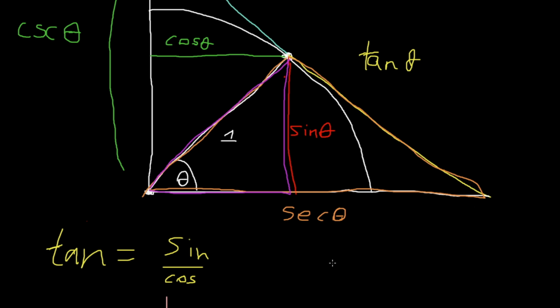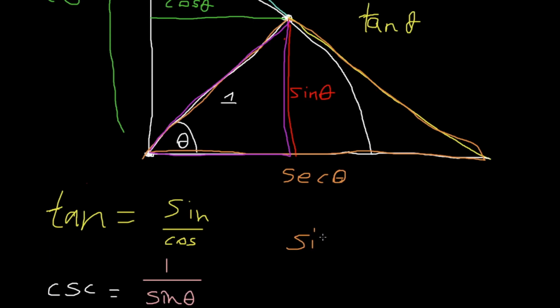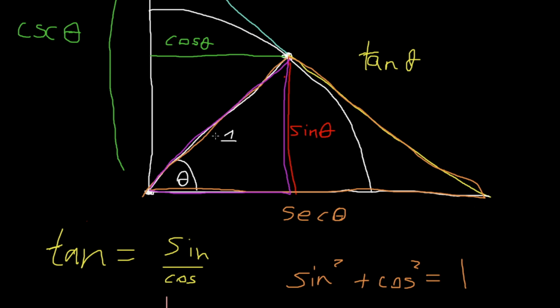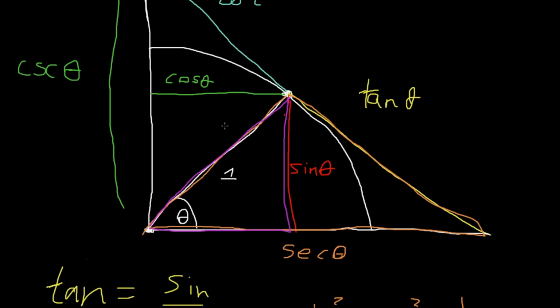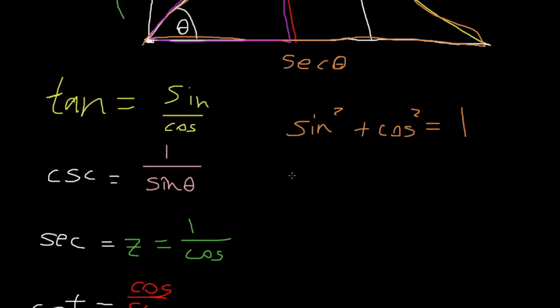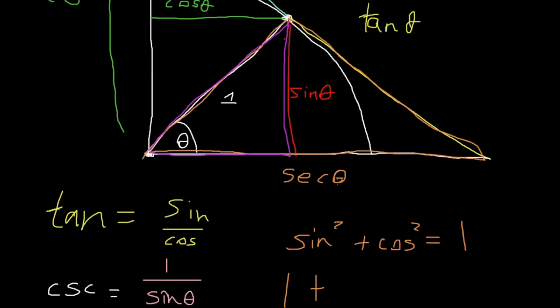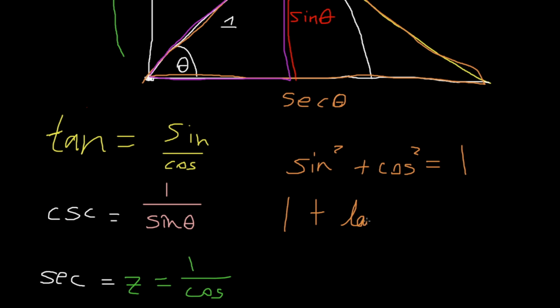Sine squared plus cosine squared is equal to 1, right? Because of our purple triangle. I'll show you another. 1 plus tangent squared is equal to secant squared.